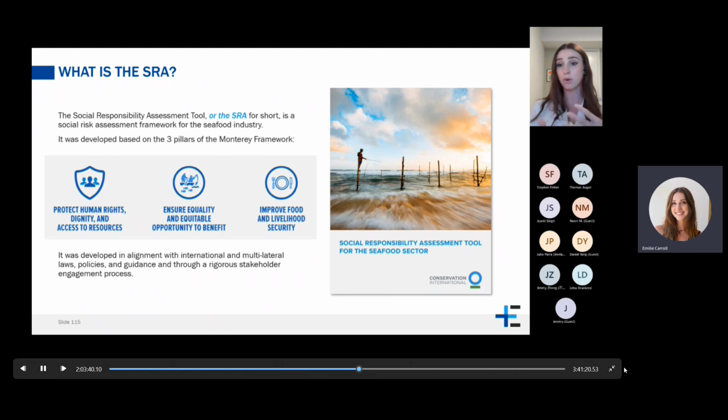It can be used to help inform a human rights due diligence process. It can be part of an actual step in the human rights due diligence process. You can implement the full SRA. You can take a staggered approach to implementation of the SRA. You can build a whole program around it. And through and through, it's not just a pass fail. So I'll talk a little bit more about the value on the next slide here.